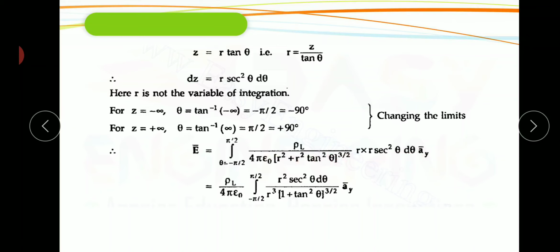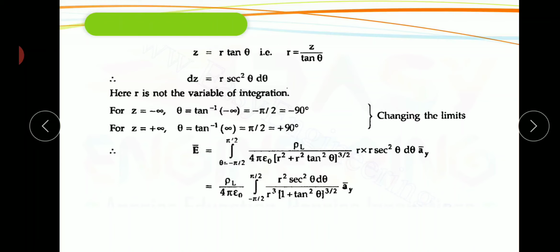In the denominator we have to take r square common, and the whole power 3 by 2 is also there, so r square whole power 3 by 2 changes into r cube. So inside the bracket there is only 1 plus tan square theta, whole power 3 by 2.